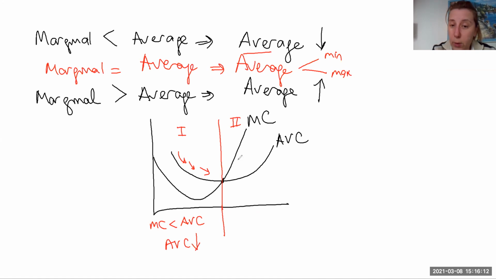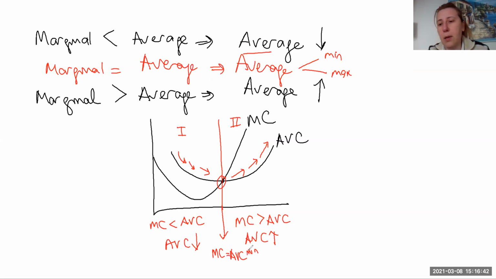And within the second part, the marginal cost is above the average variable cost, and that's why the average variable cost increases. And just in the intersection point here, marginal cost equals average variable cost at its minimum point, in the critical point.